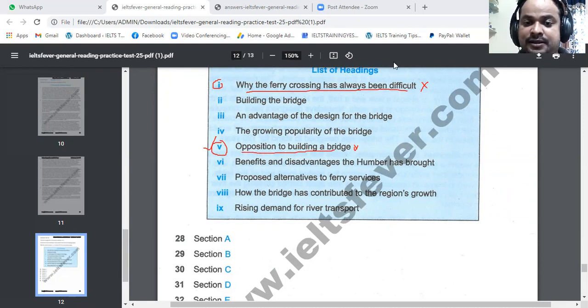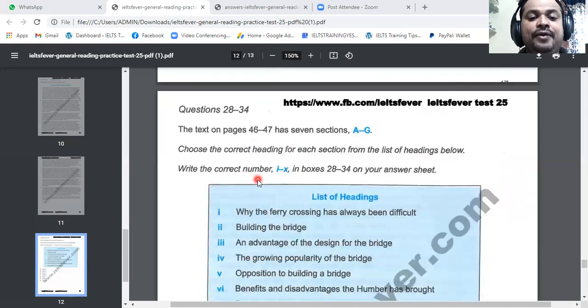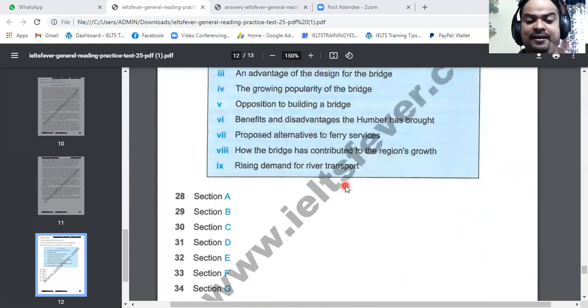So please, you have to go with the instructions clearly. So here is the instruction. Write the correct number 1 to 10 in boxes 28 to 34 on your answer sheets. This is what we are going to see here. So the instruction is very clear.